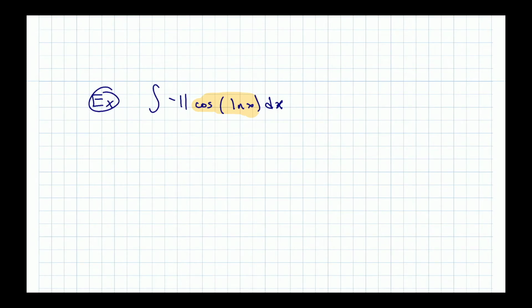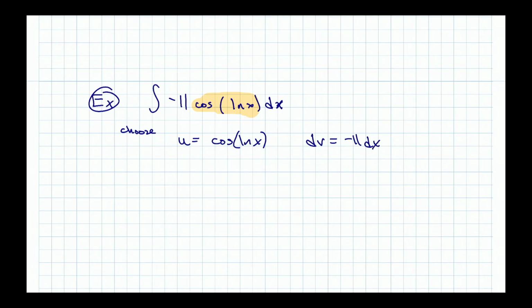Basically, what you're going to have to do is you're going to have to pick the u to be the cosine ln x, because we don't really have a choice, and the dv could just be whatever else is left, which I guess in this case is negative 11 dx.